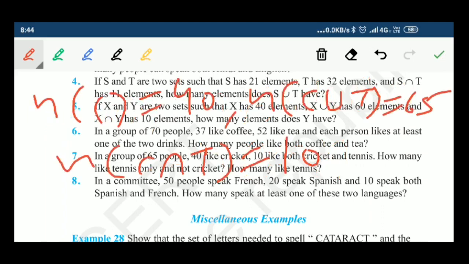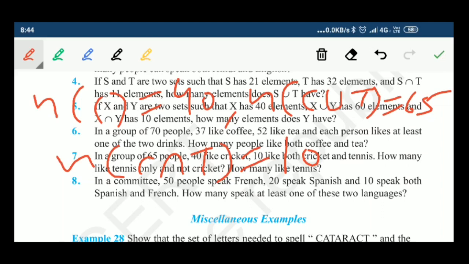Now see question number 7. In a group of 65 people, 40 like cricket, and 10 like both cricket and tennis. How many like tennis only, not cricket? It's a very important question. What they have asked is how many like tennis only but not cricket, and in the second part you also tell how many like tennis.